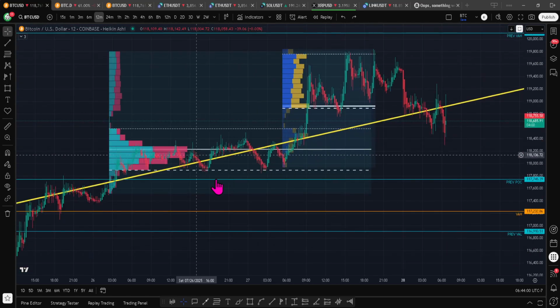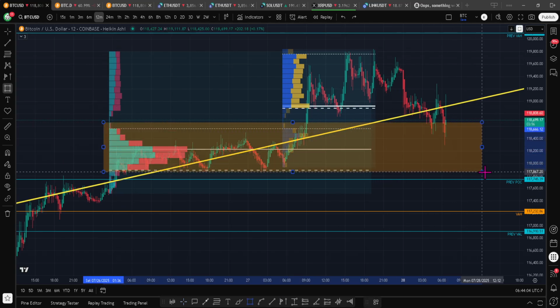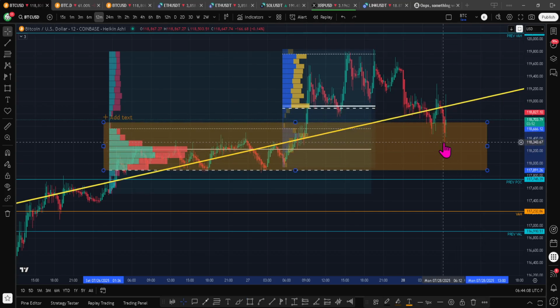So right now we're testing this area again, and for the next trade we're looking for, do we go back to this point of control, 118,228? This is the Coinbase chart. Prices vary, so you want to keep your variance on your limit order.